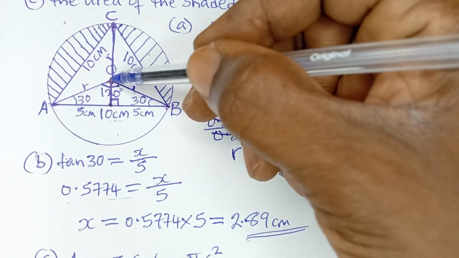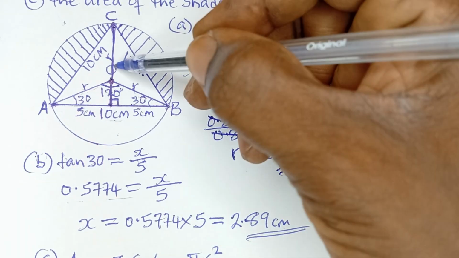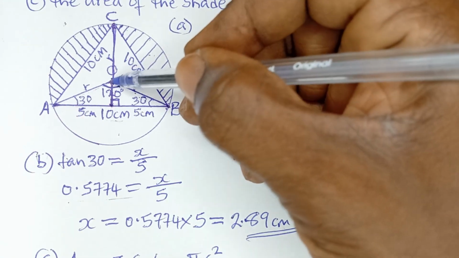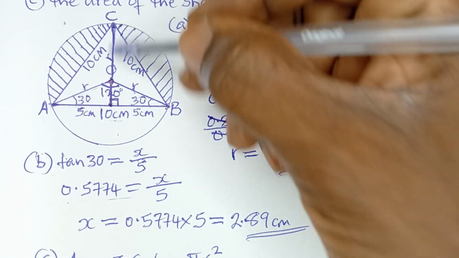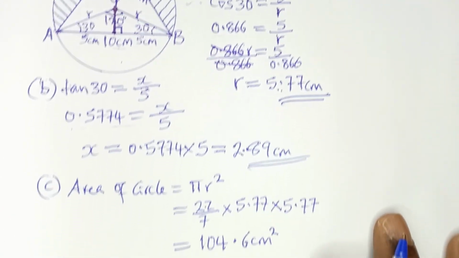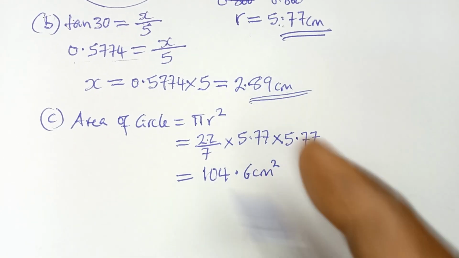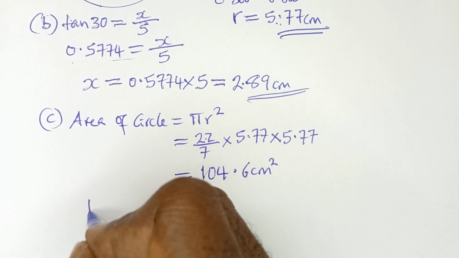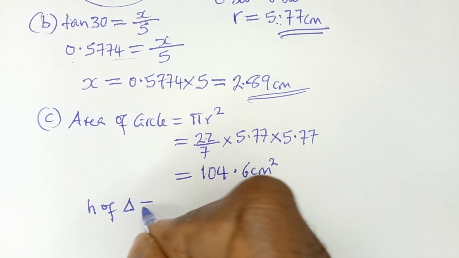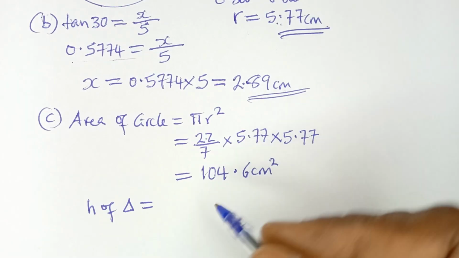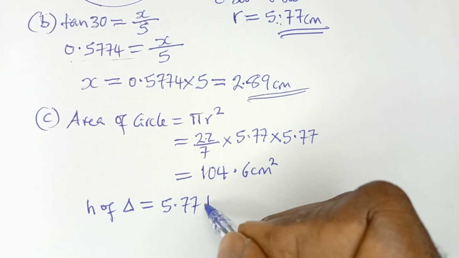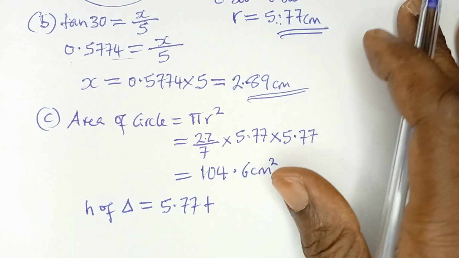So this is radius and this is x. This radius added to x, the value of x, which is the height here, will give us the full height of the triangle. So the height of the triangle is equal to the radius, which is 5.77, added to that x part.